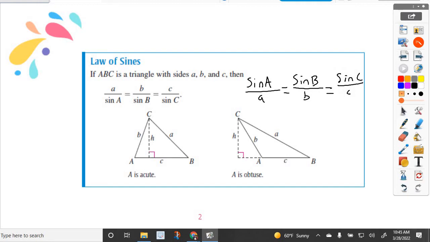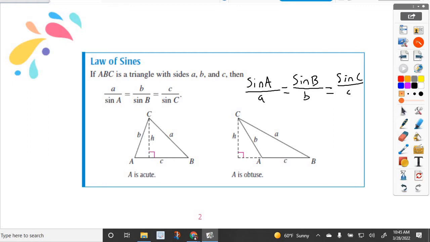Now, for our picture, the biggest thing is to notice the relationship between our little letter and the associated angle. They have to be opposite of one another. So angle A, opposite of that is little a, angle B, opposite of that is little b, and angle C, opposite of that is little c.